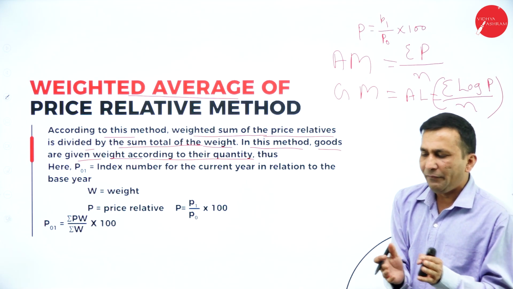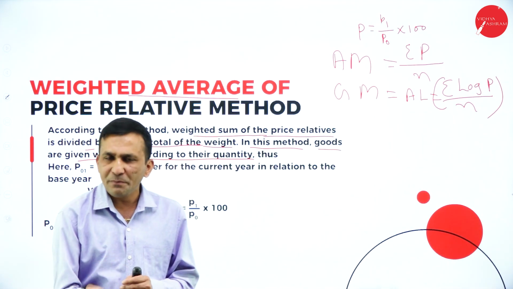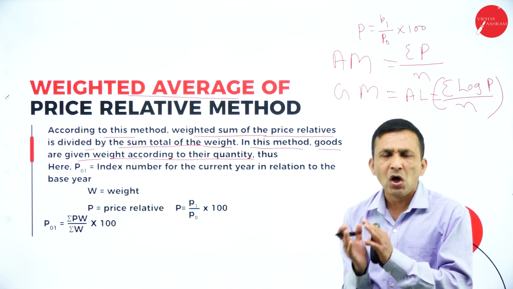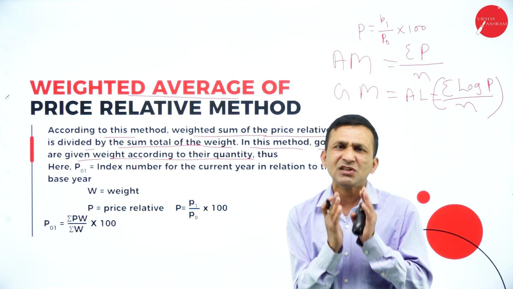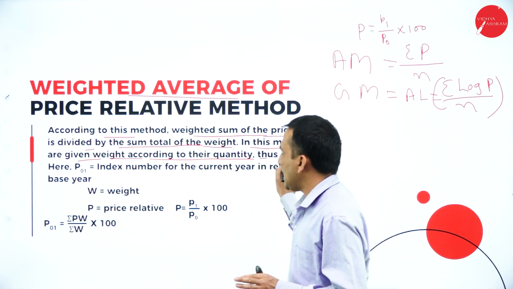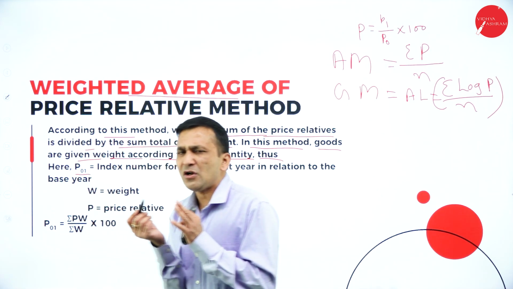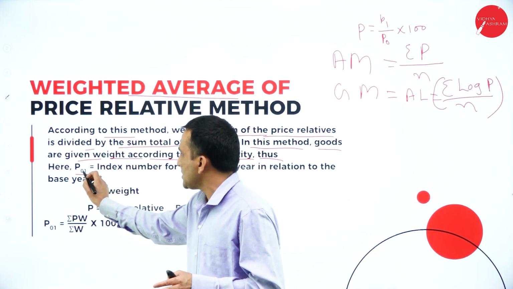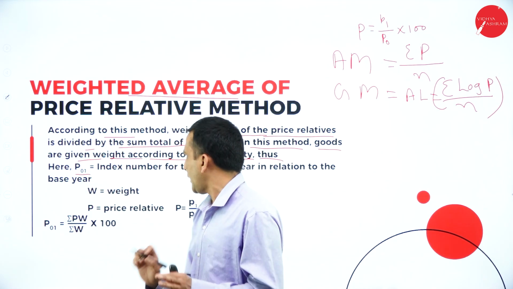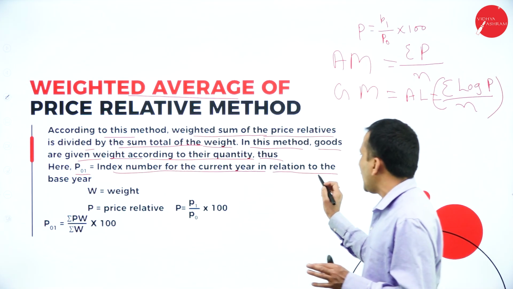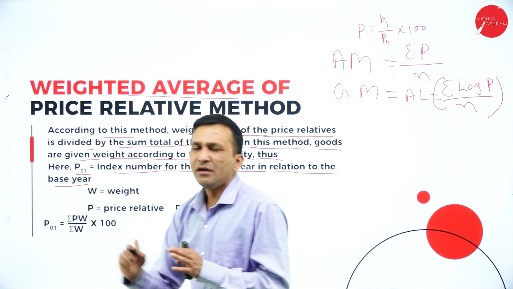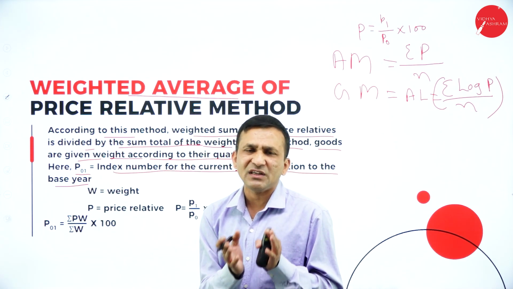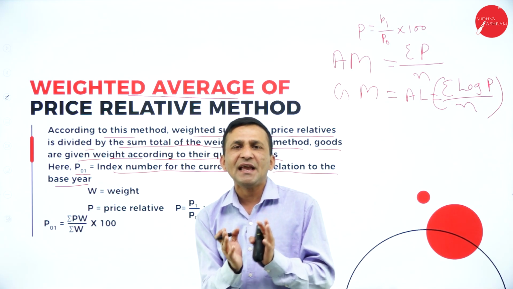Whenever family members spend expenditure on food, cloth, shelter, they give a provision weight to the expenditure. So here P01, always capital P, denotes a price index, the index number of the current year in relation to the base year, because 0 always denotes the base year and 1 represents the current year.